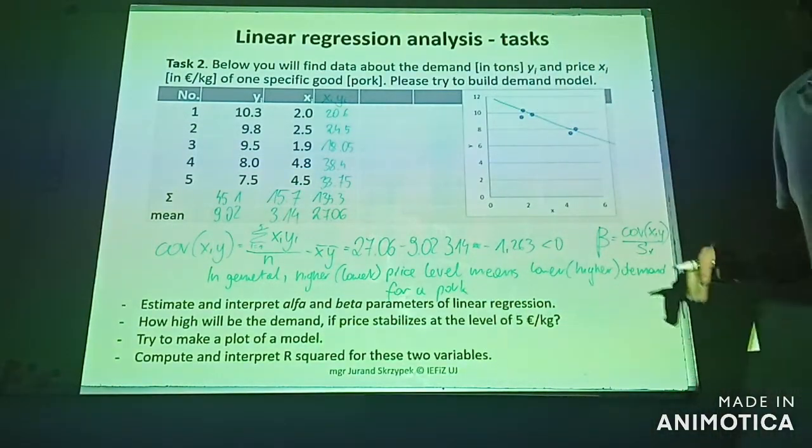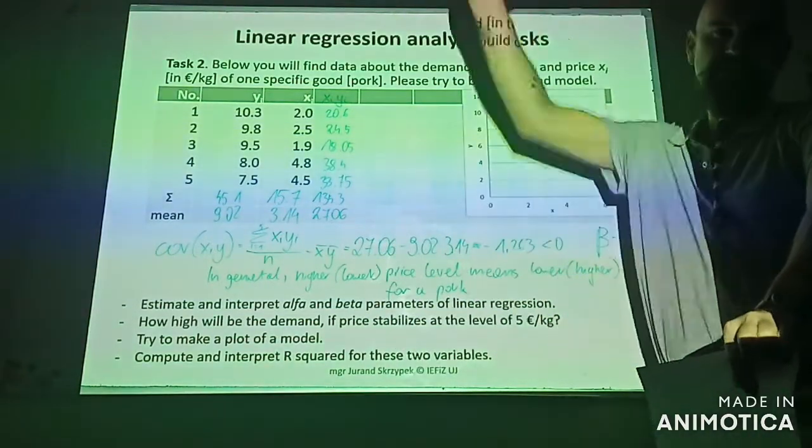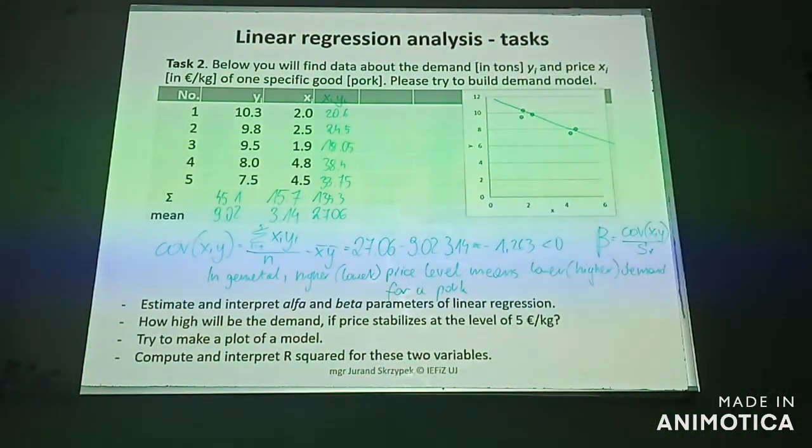Yeah, higher price, lower demand. Lower price, higher demand.